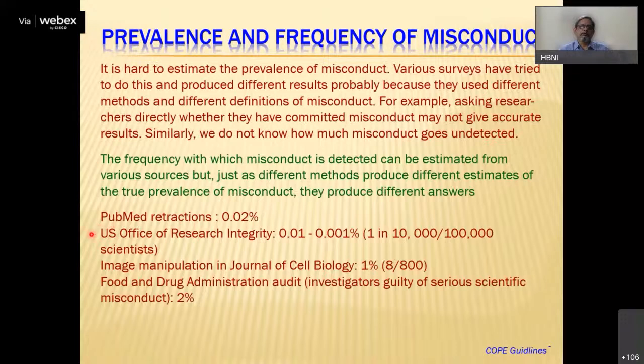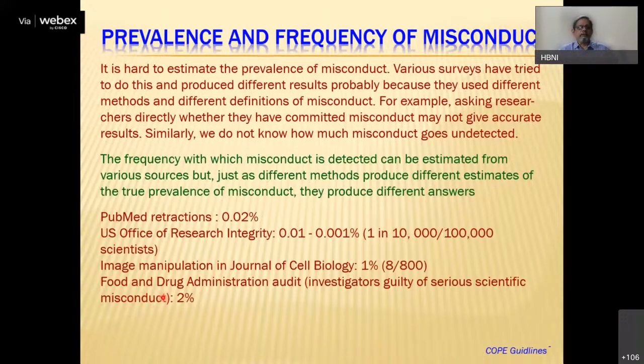So one society, PubMed, showed that retractions were about 0.02%. Then ORI showed that retractions were in the range of 0.01 to 0.001%, so that's 1 in 10,000 or 1 in 100,000 scientists. Image manipulation in a particular Journal of Cell Biology is around 1%.